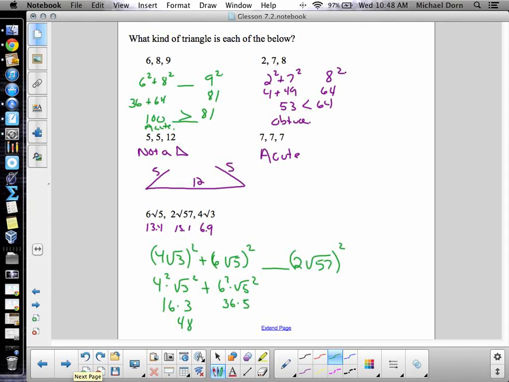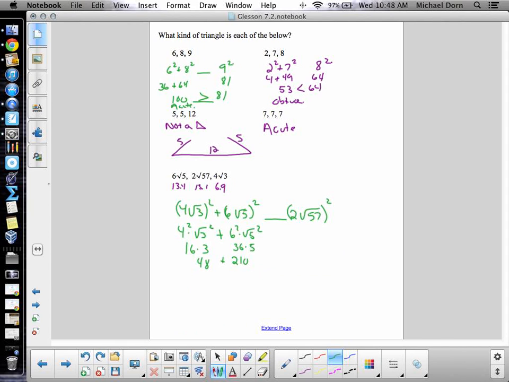That's 180 plus 30, so that's going to be 210. So 48 and 210 is 258. We're going to compare that to 2 root 57 squared, so that's 2 squared times root 57 squared, or 4 times 57. And 4 times 57 is 228.